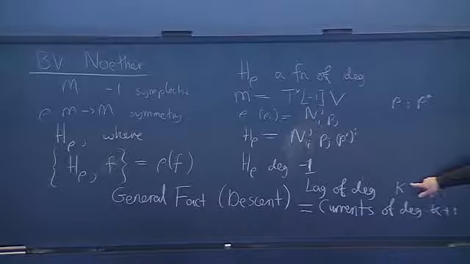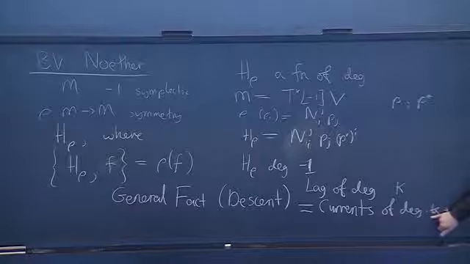If I have a symmetry, it gives me a Lagrangian of degree -1, which is a current of degree 0. If I have an ordinary Lagrangian, it's of degree 0, so I get a current of degree 1.